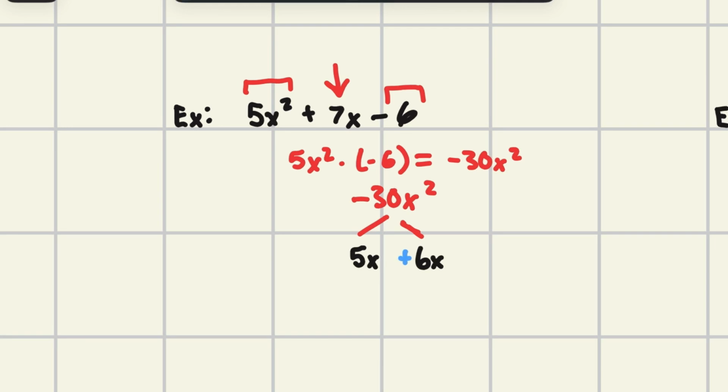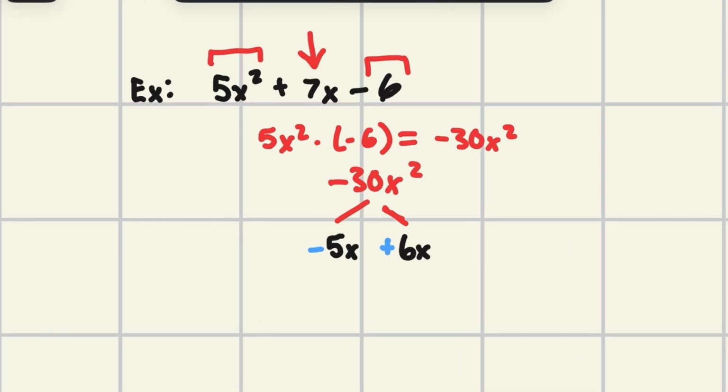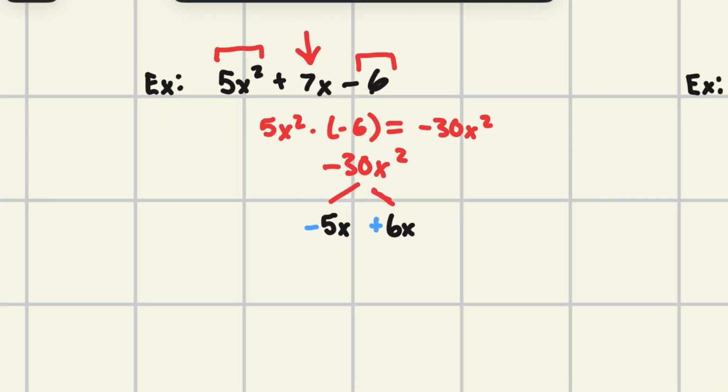So 6 is a larger number in this case, so 6 holds the positive. This sign tells us that they have to be opposite signs. In this case, 5 would be negative. So negative 5 times positive 6 gives us negative 30x squared.